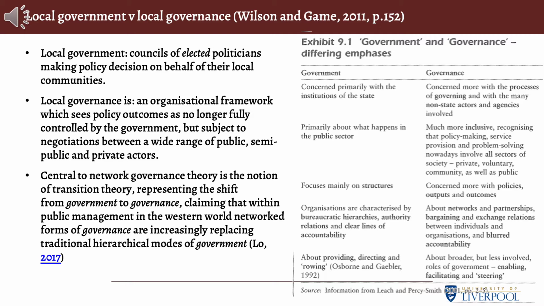And a good analogy I think is ordering a pizza, right? In the local government model, the one person will decide for a group what pizza they have. We'll have pepperoni, right? Or even think of it as ordering a takeaway. The government model would be you choose somebody to decide what food to have.